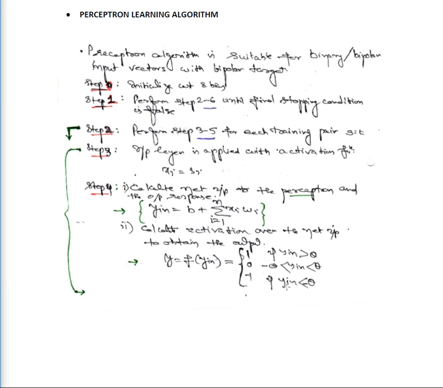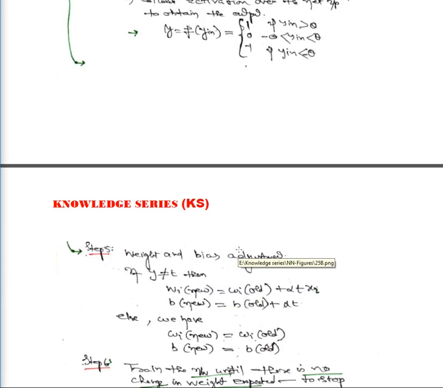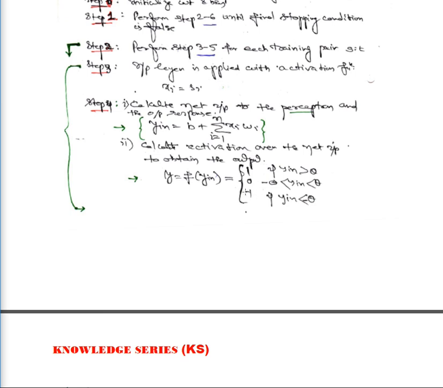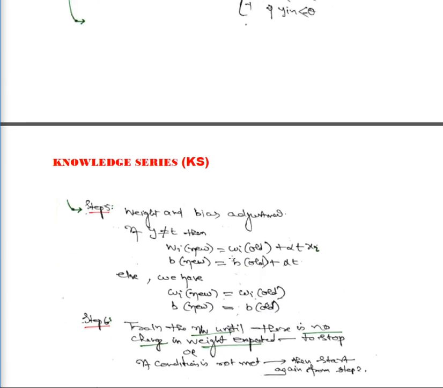Now if y in is in the stage with respect to negative values, it will give you these values. Another important thing you have to note in the case of the activation function is that depending upon the conditions of the output y and the target, this process will continue. How will this process continue?